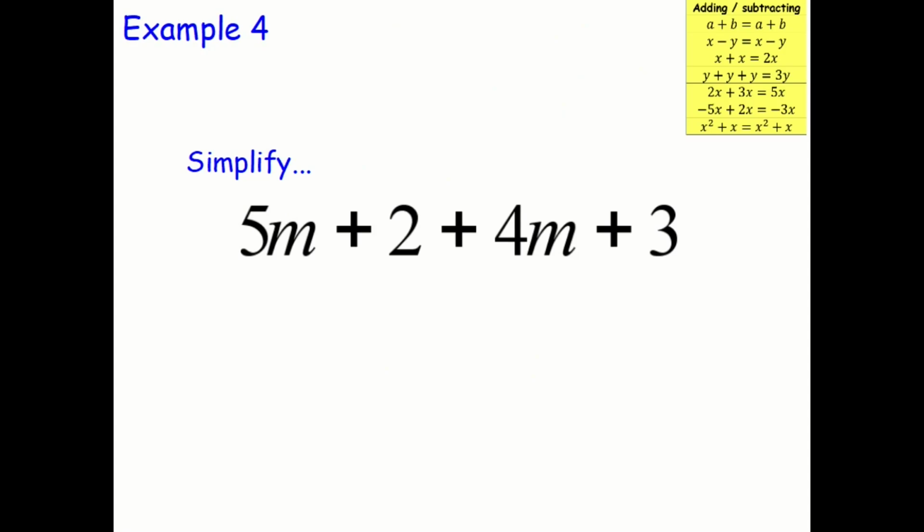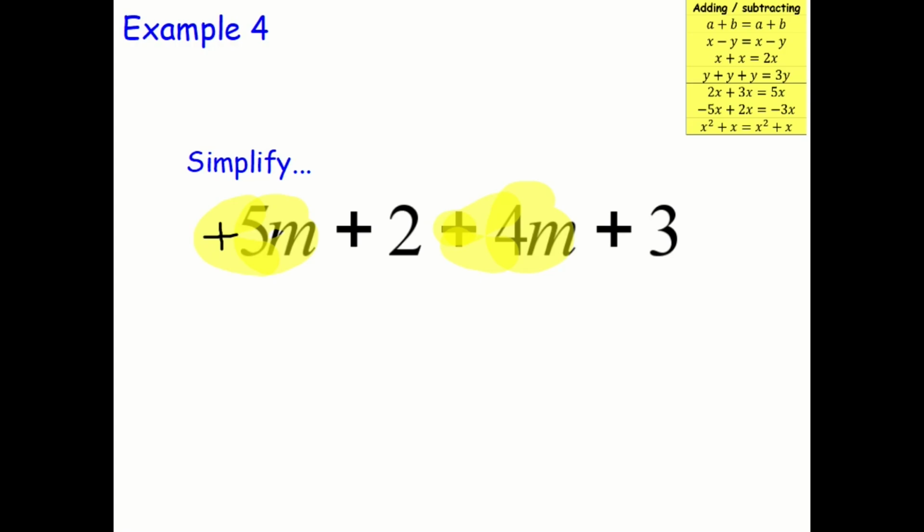Example 4. Simplify 5m plus 2 plus 4m plus 3. Okay, so what are my like terms? Well, my like terms are my m term here and my m term here. And actually I'm going to highlight the sign as well, because that sign goes with that. And there's of course an invisible sign in front of here as well.